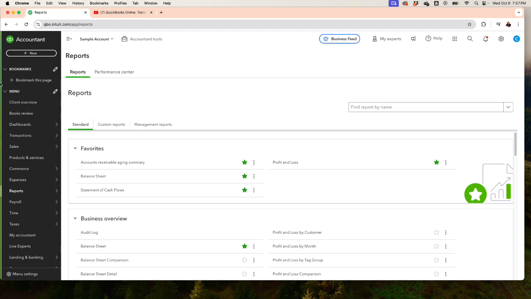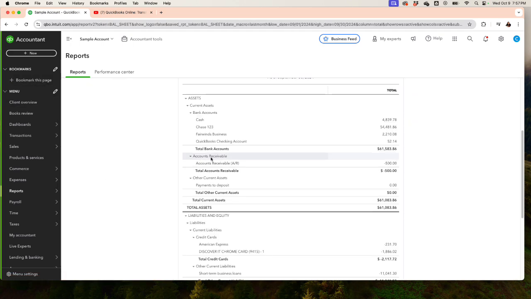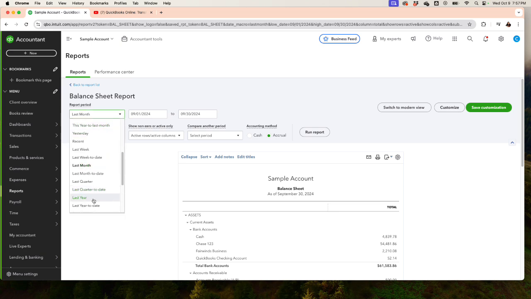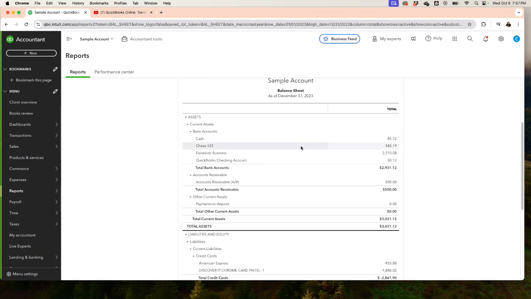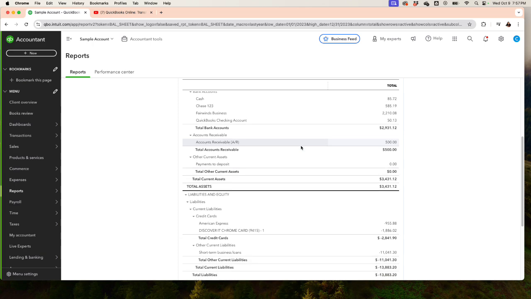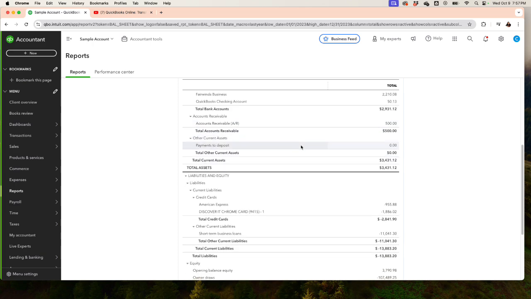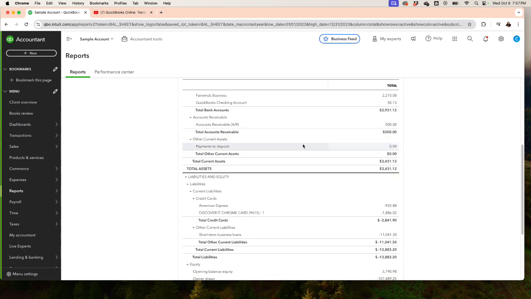All right, so that is it. Oh yes, we're going to show the balance sheet. And it's last year. And we're going to see that the uncategorized assets have been fixed and we no longer have that, right?